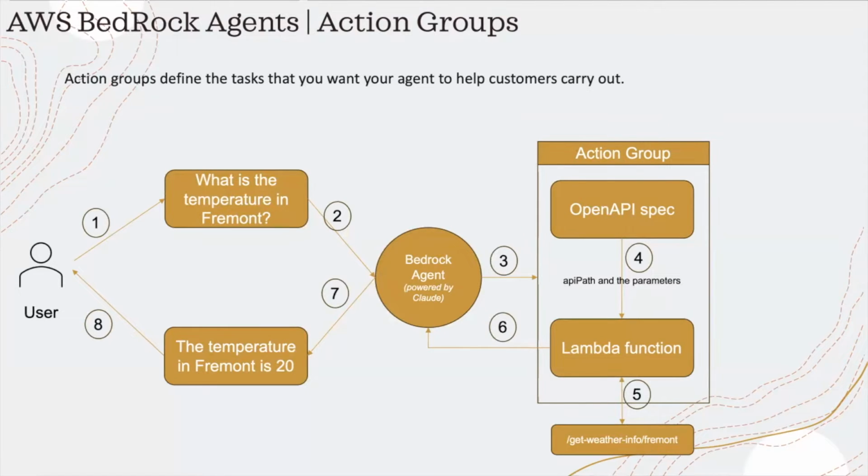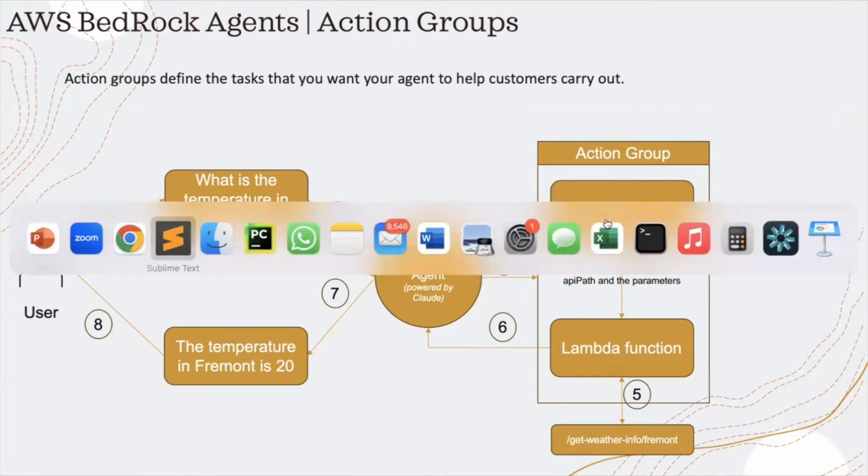Through the Open API specification, I provide the description of the APIs, how they need to be called, what method it needs to use, what parameters it needs to use. Everything is in the Open API spec, right? How does the Open API spec look? Let me show a sample which we'll be using in the demonstration as well.